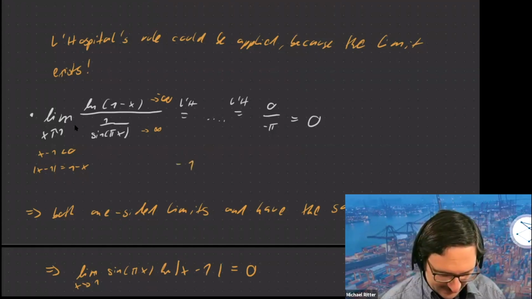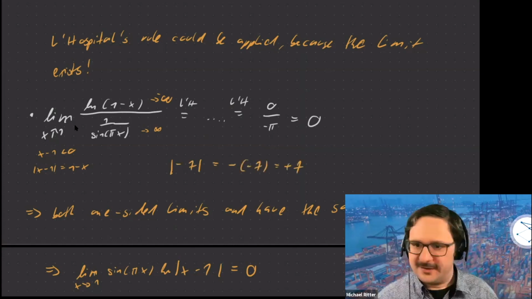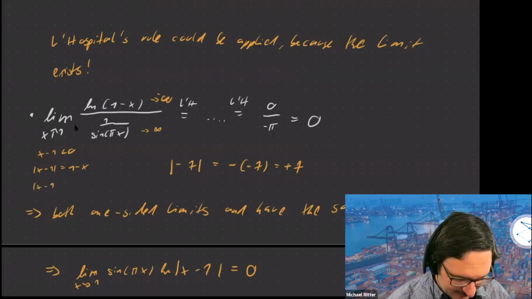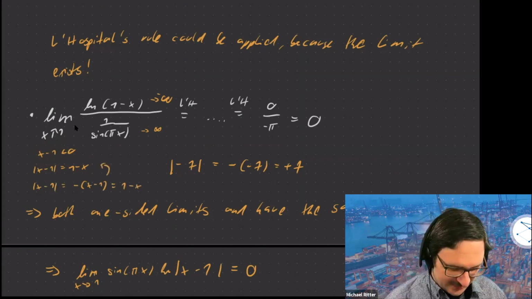So the absolute value of -7, you could write that as -(-7), and that's +7, right? And that's exactly what we're doing here. We would say this here is negative. So the absolute value of this expression is minus that expression, and that is simply 1 minus x. That is what is happening here.